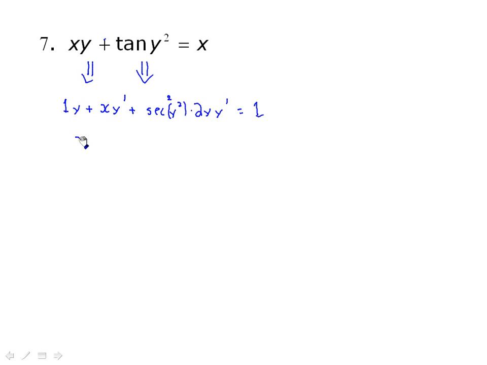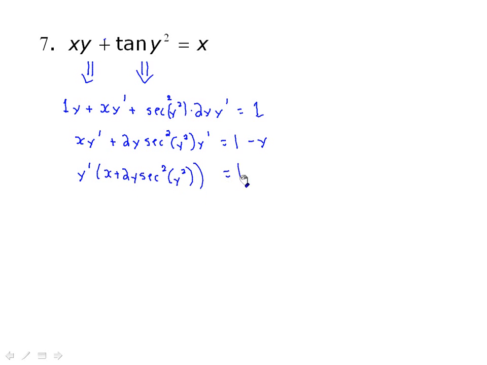Now get your y prime terms together. I'll keep them on the left. So xy prime plus, I'll write it like this, put the 2y in front, and then secant squared y squared y prime. And that's equal to 1 minus y, so the y comes over. Factor out the y prime, and we get x plus 2y secant squared y squared.